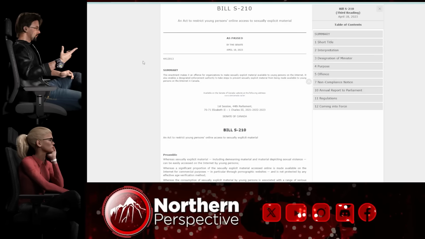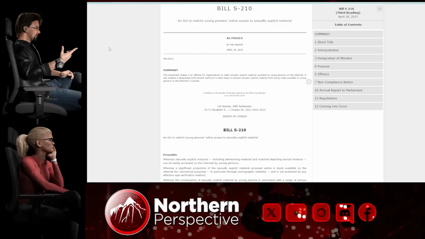So in summary, this enactment makes it an offense for organizations to make sexually explicit material available to young persons on the internet. It also enables a designated enforcement authority to take steps to prevent sexually explicit material from being made available to young persons on the internet in Canada.